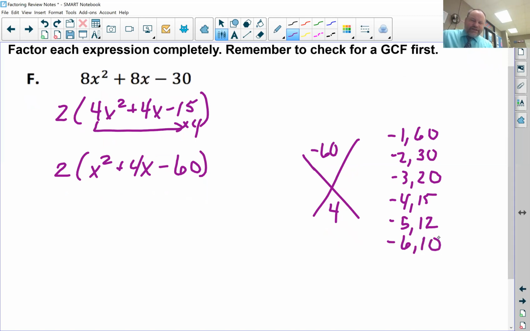And negative 6 and 10 add to 4, so we're good there. Negative 6, 10. Don't forget that common factor.